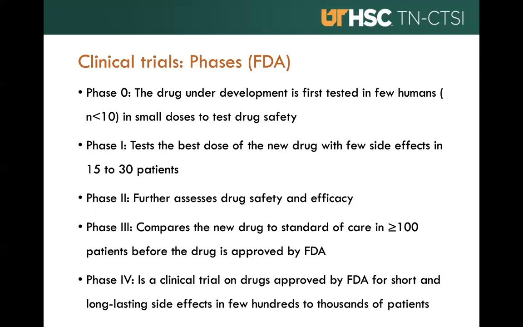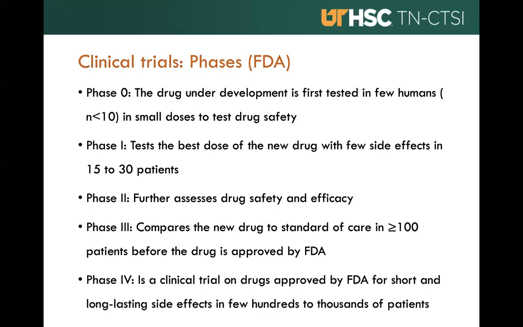And once the drug is observed to have some kind of beneficial effect in treating a certain disease, the next stage is to conduct the clinical trial in human participants. So the first phase is phase 0, and the purpose is to examine the safety of the drug in the human population, in very small doses.